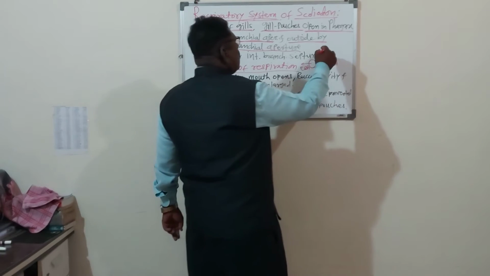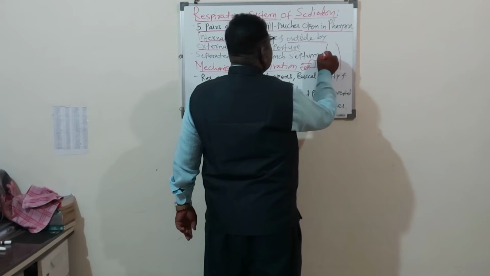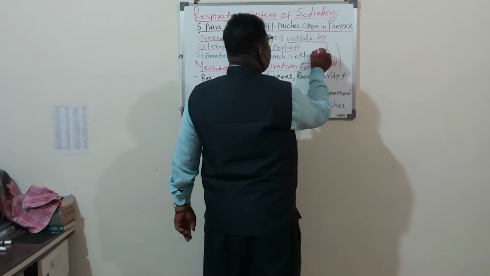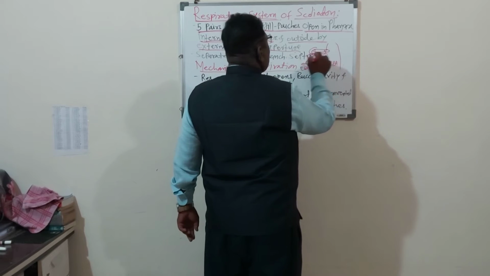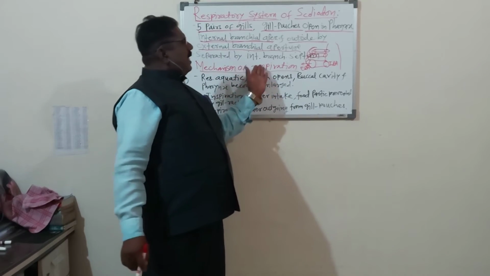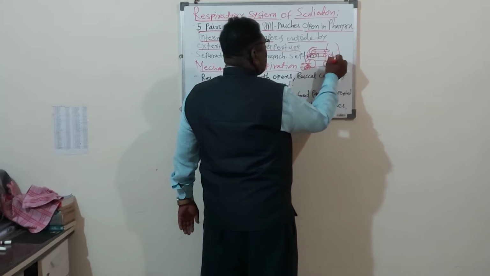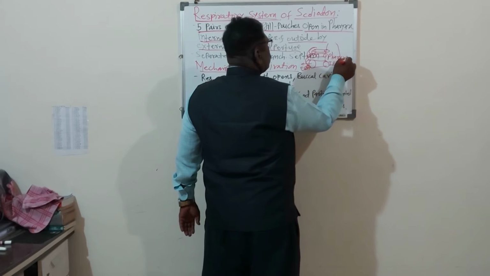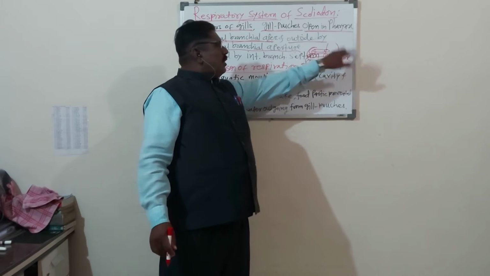So at the sides of the pharynx like this, there are different gill pouches like this. This is the pharynx, having 5 gill pouches towards this side and 5 gill pouches towards the other side.